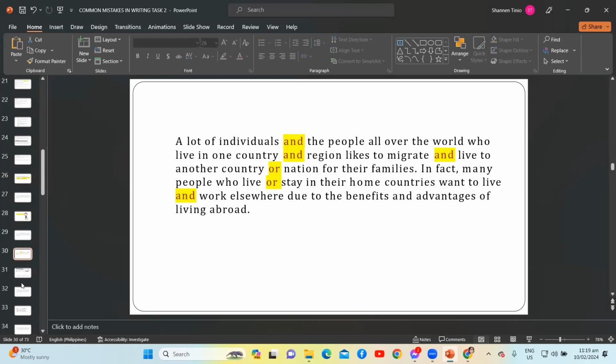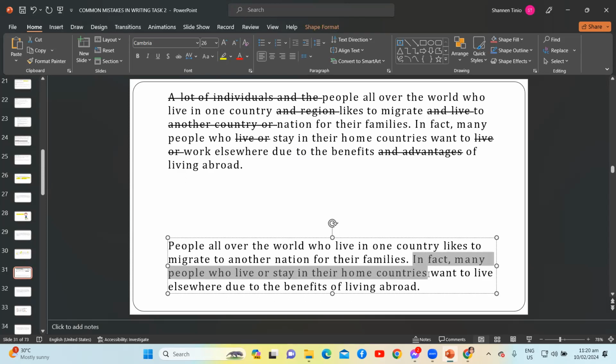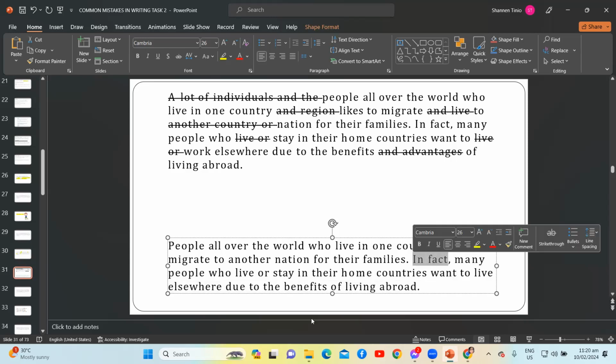So, kinross out dito yung a lot of individuals and region and live in another country, and advantages of living abroad. So, binago: people all over the world who live in another country likes to migrate to another nation for their families. In fact, many people who live or stay in their home countries, o ginamitan ng in fact, this is for emphasis.